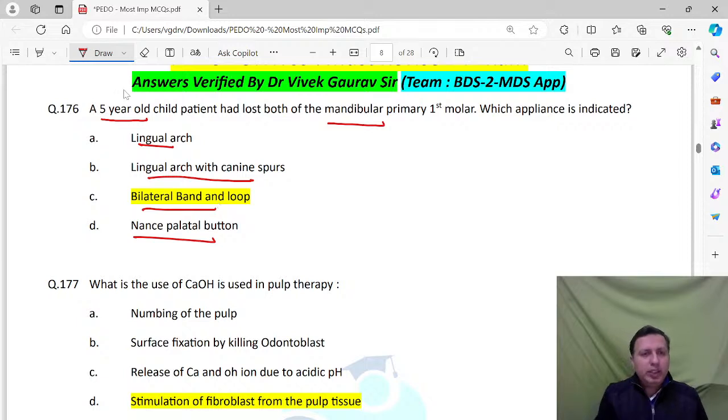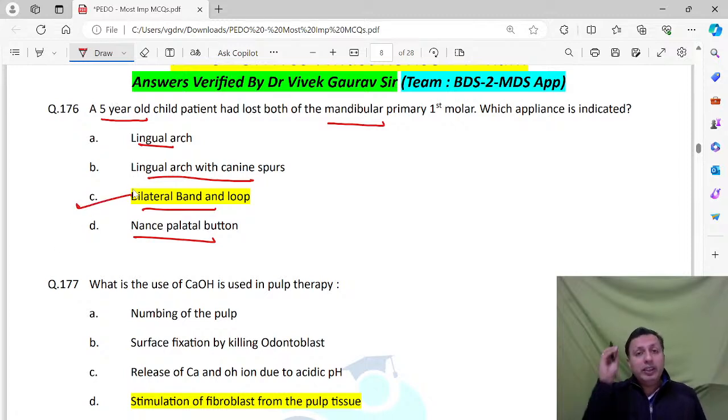But if you see, the age of the patient is 5 years, so at the age of 5 years the permanent centrals and laterals have not erupted. And I have told you that the lingual arch is only given when the permanent incisors are present. So in this case, we will not be giving a lingual arch, we will be giving a bilateral band and loop.